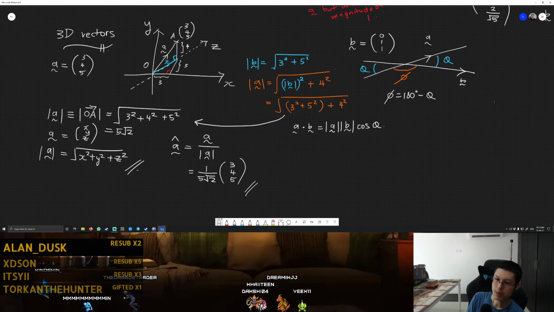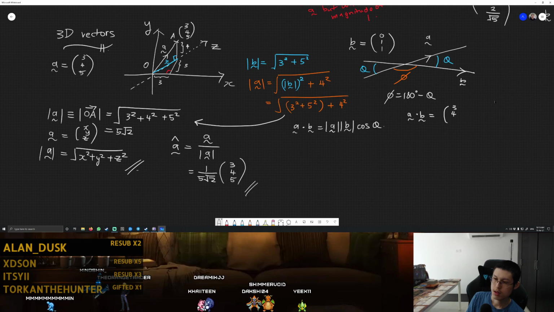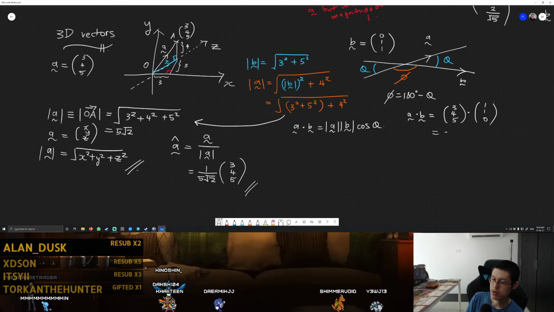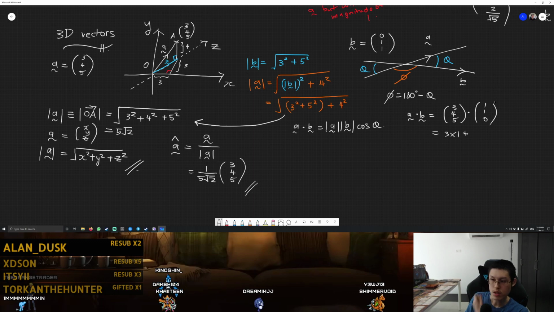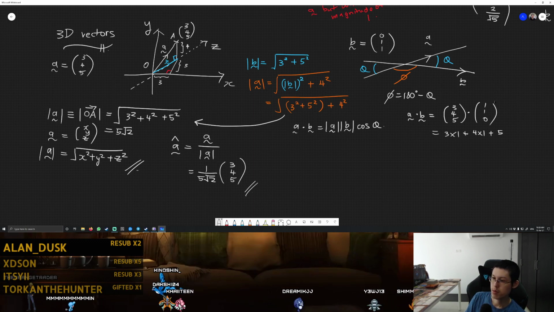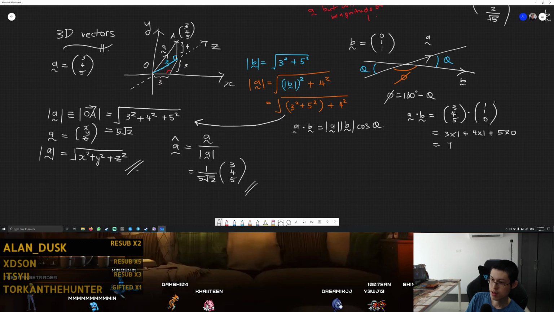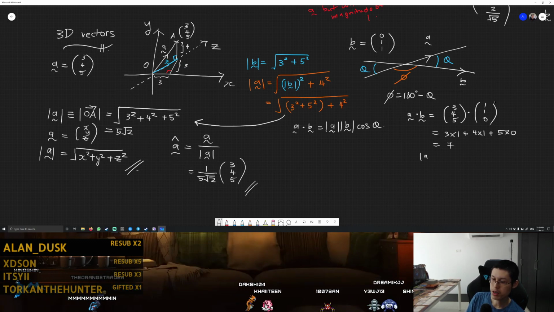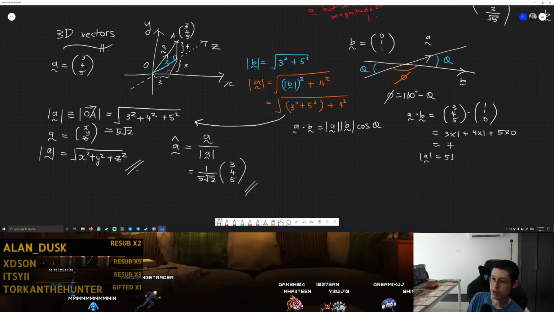So what is A dot B? Well, A dot B is going to be 3, 4, 5 dot 0, 1, 1, which is going to give me 3 times 0 plus 4 times 1 plus 5 times 1, and I'll get 9. And then the magnitude of A, we worked that out already, is 5 root 2.